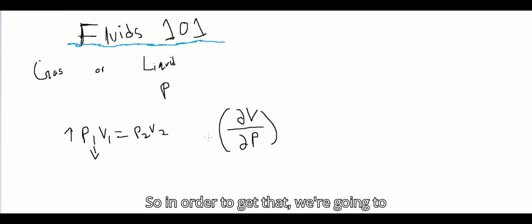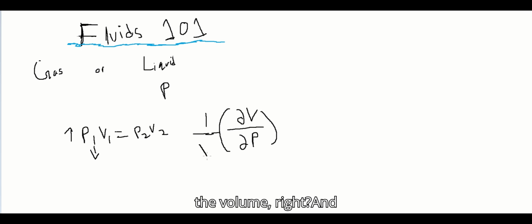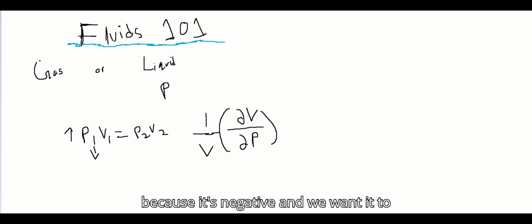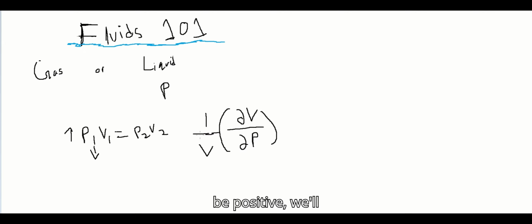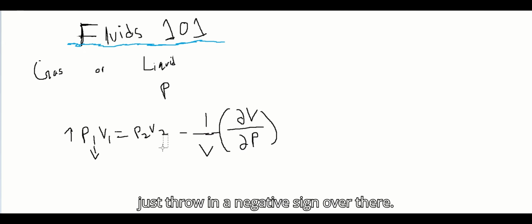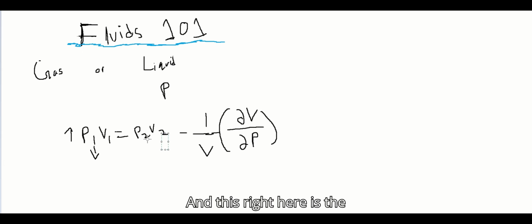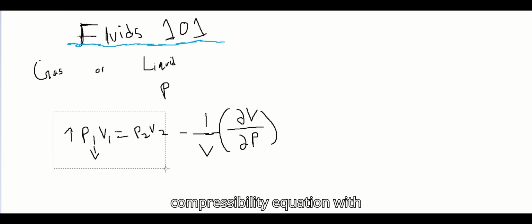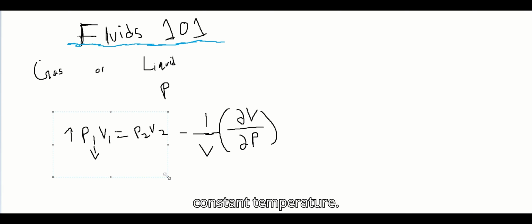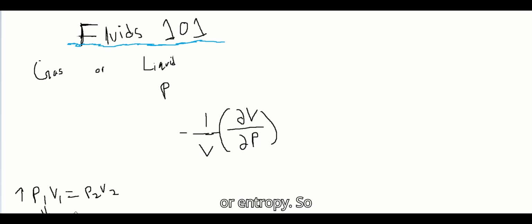In order to get that, we're just going to divide that by the volume, right? And because this is negative and we want it to be positive, we'll throw in a negative sign over there. And this right here is the compressibility equation with constant temperature or entropy. So we'll label that beta.